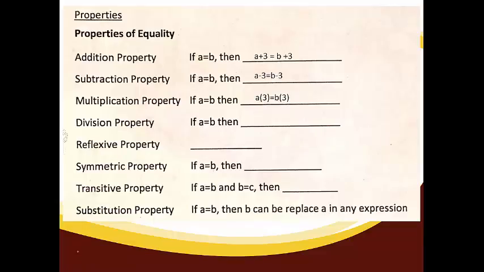Same thing, just this time it's multiplication. So for example, if A equals B, then A times 3 equals B times 3. And then we have division. So as long as we divide by the same thing on both sides of an equation, it will still remain balanced.